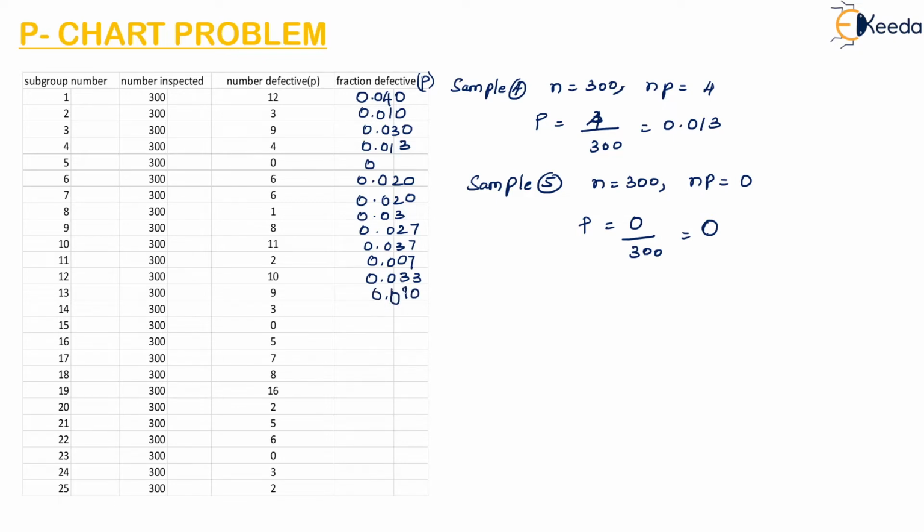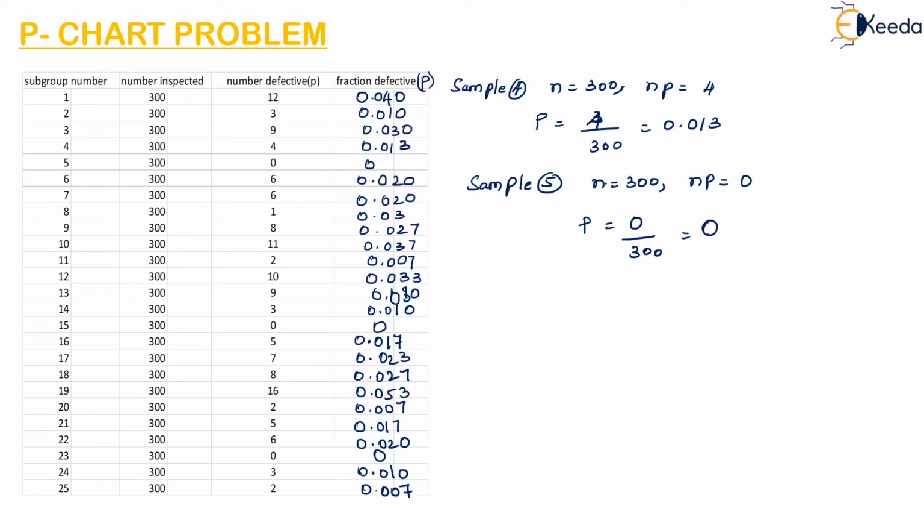This is 0.030 and this one is 0.010, and next we have 0, then 0.017, then we have 0.023, and then we have 0.027, 0.053, 0.007, 0.017, 0.020, then this is 0, then 0.010, the last one is 0.007.